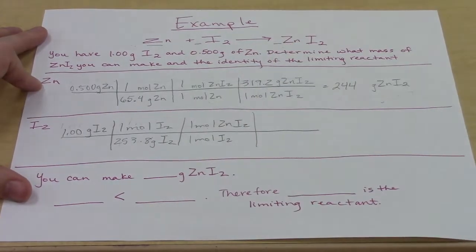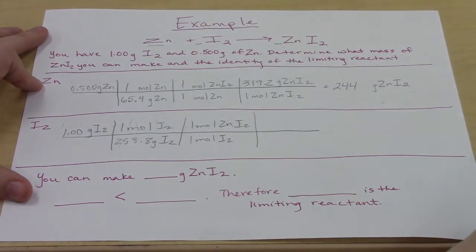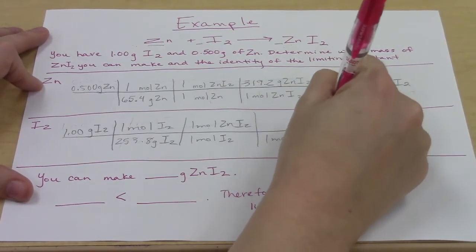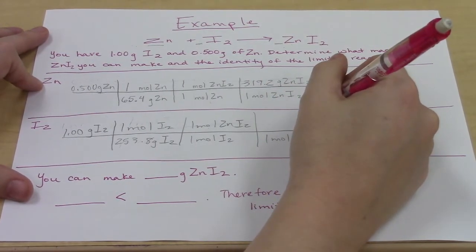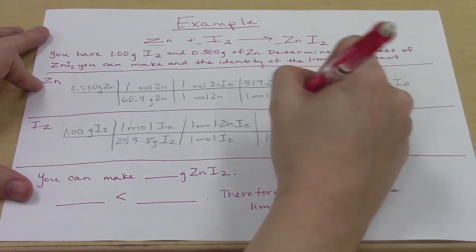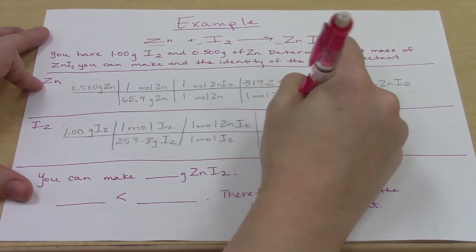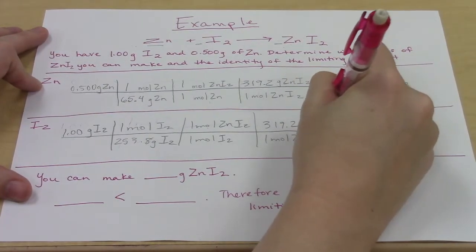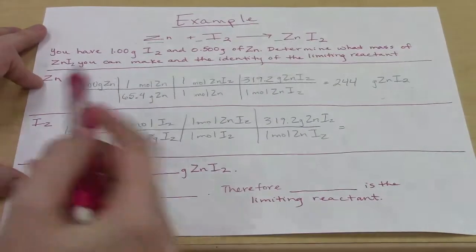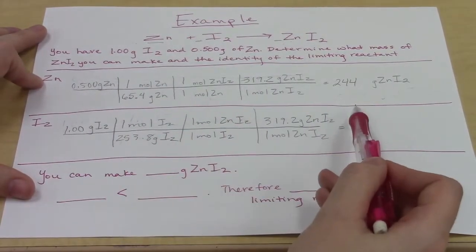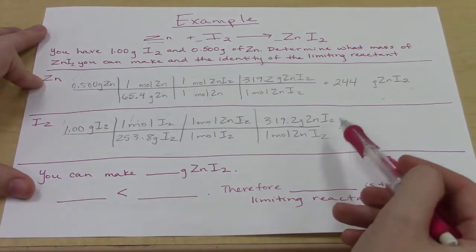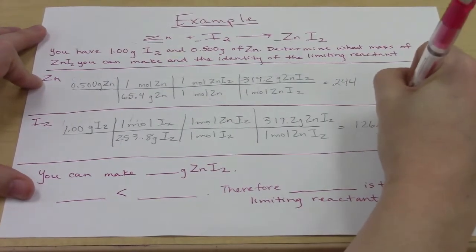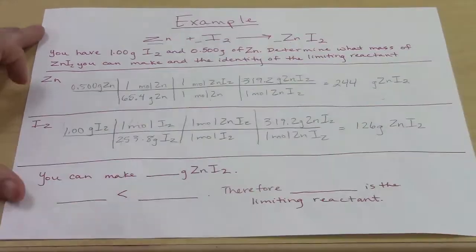And now I'm converting moles to grams of zinc iodide. So for every 1 mole of zinc iodide, that mass is also 319.2 grams of zinc iodide, same as before. When I multiply all of this top across and divide by this bottom, I get 126 grams of zinc iodide.